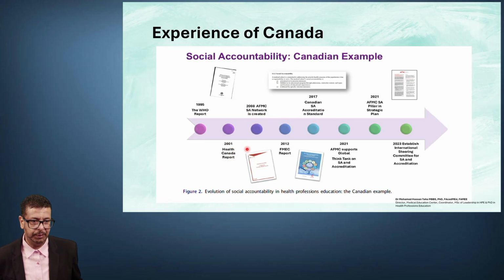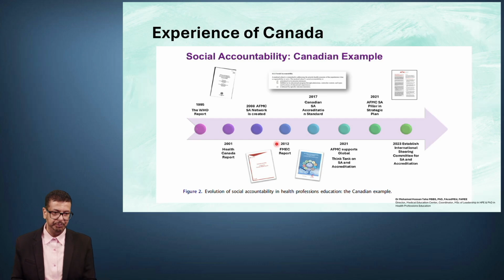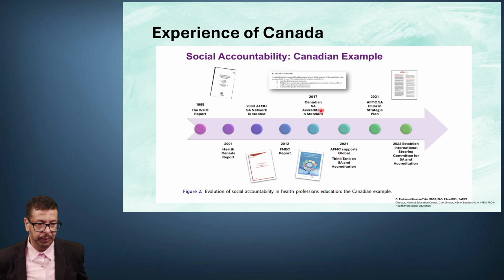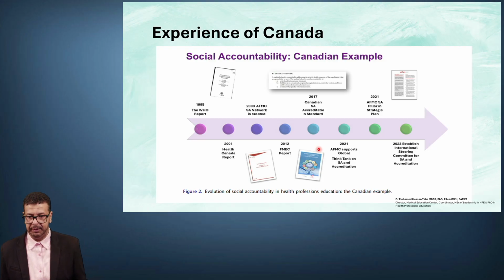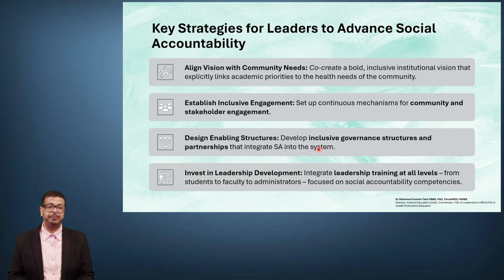They developed their own report, then they created a network, and then they came with the Association of Faculty of Medicine report, and then they worked on the accreditation standard, and then they worked on developing a strategic plan and so on. You can find detail about this in the AMEE guide related to leadership and social accountability.